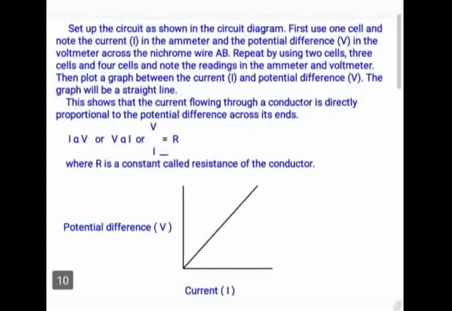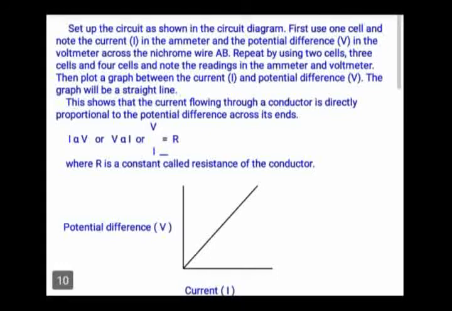Repeat by using 2 cells, 3 cells and 4 cells, and note the readings in the ammeter and voltmeter. Then plot a graph between the current I and the potential difference V. The graph will be a straight line. This shows that the current flowing through a conductor is directly proportional to the potential difference across its ends.